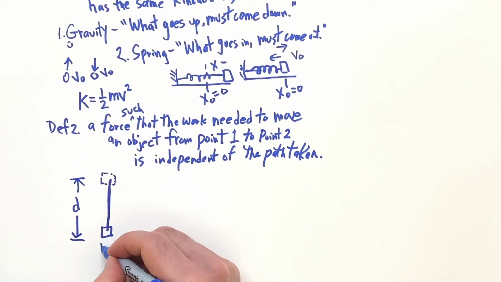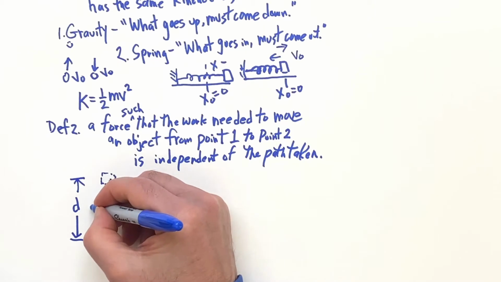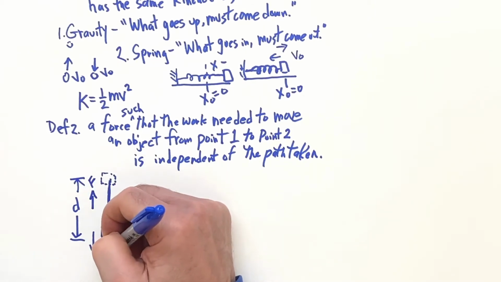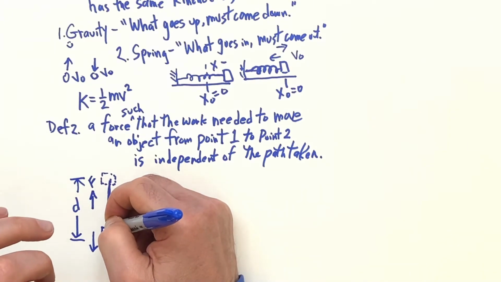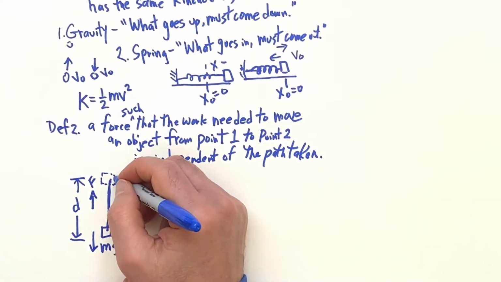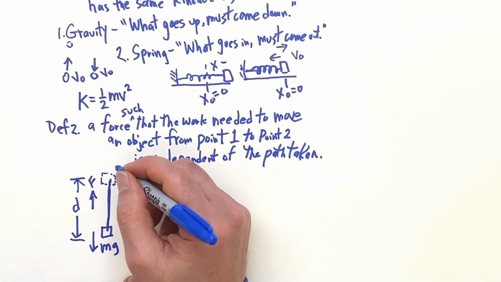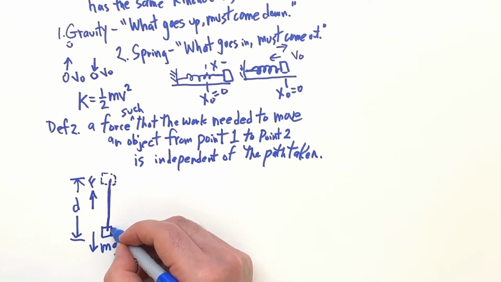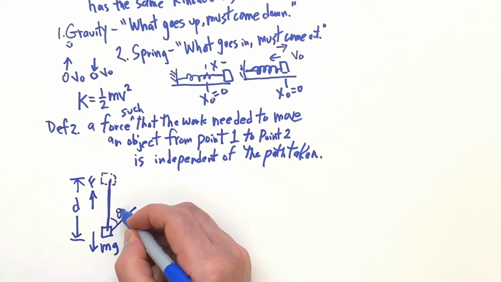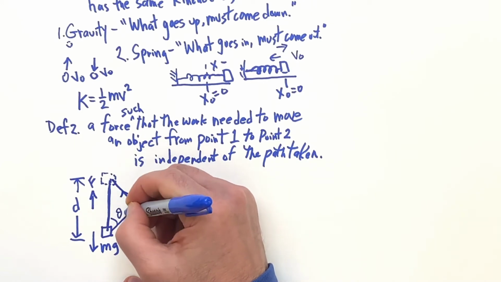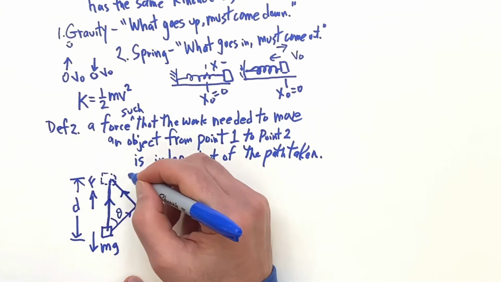Now the weight mg is down, so I have to apply a force equal to mg, and just apply that to pick it up gently until we get to this point up here. And then I'm going to take another path where I go at some angle, theta, and get there that way. So there's two paths.